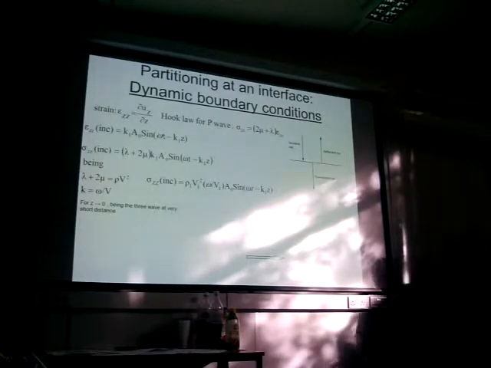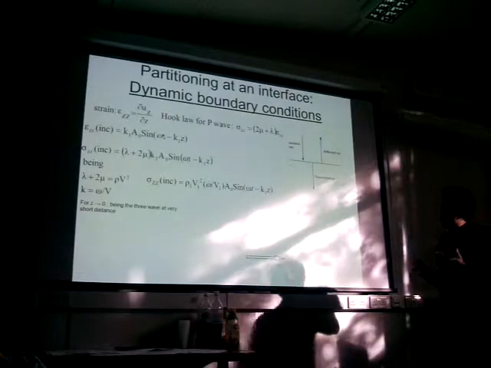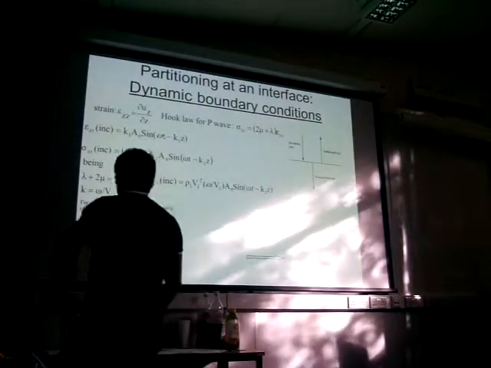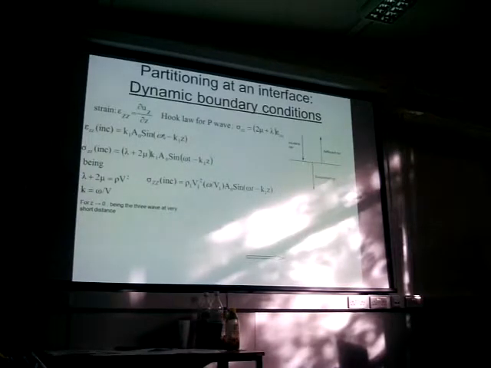Now apply some of the relationships that I introduced to you. Remember that the summation of the two elastic parameters equals rho v squared, and comes from the definition of the P wave velocity.